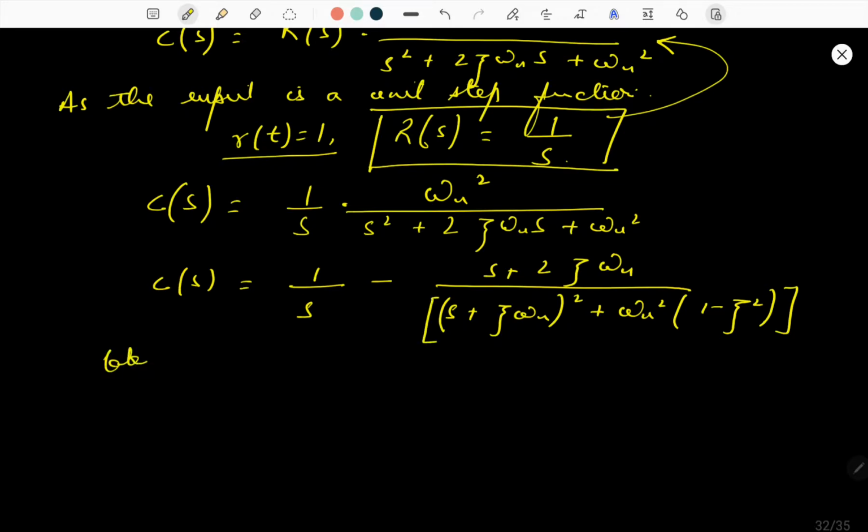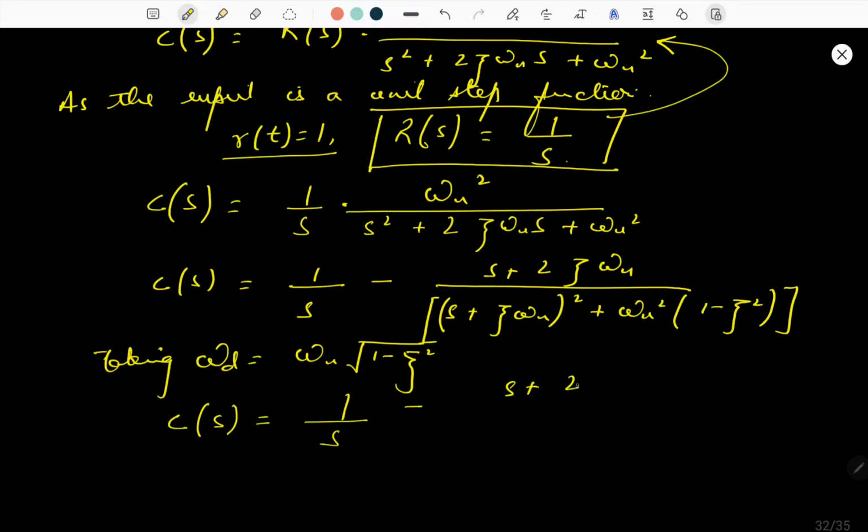Taking omega d as omega n into under root of 1 minus zeta square, what should be the output? C(s) will become 1 upon s minus (s plus 2 zeta omega n) divided by (s plus zeta omega n) whole square plus omega d square.